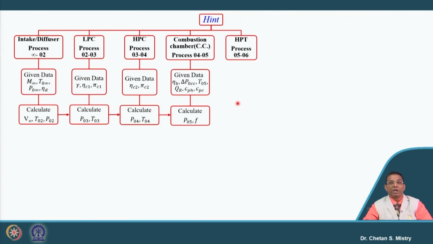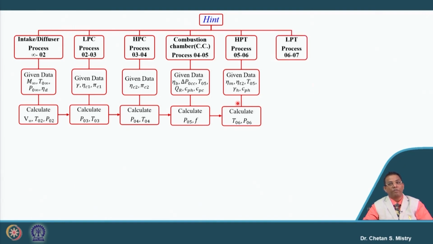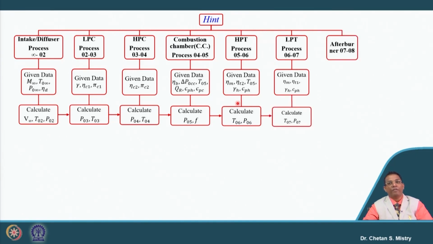Then we will be doing the calculation for the HP turbine. We will calculate my exit pressure and exit temperature from the HP turbine. Similar to that, we will be doing the calculation for the LP turbine. We will do the calculation for the afterburner, and for the afterburner the maximum temperature is given to us. We will be doing the calculation for exit pressure and temperature from the afterburner.